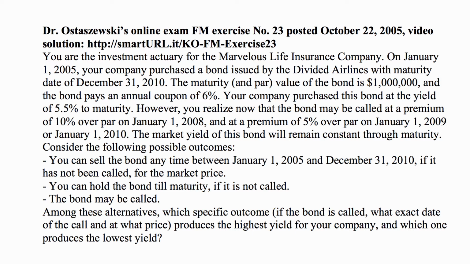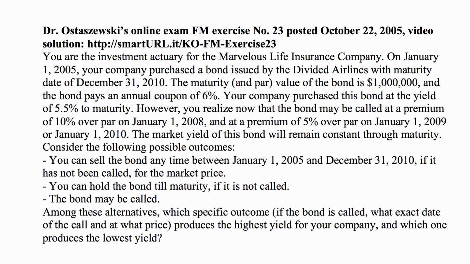Your company purchased this bond at the yield of 5.5% to maturity. However, you realize now that the bond may be called at a premium of 10% over par on January 1st, 2008, and at a premium of 5% over par on January 1st, 2009, or January 1st, 2010. The market yield of this bond will remain constant through maturity.